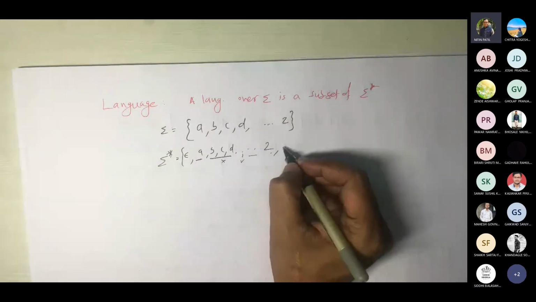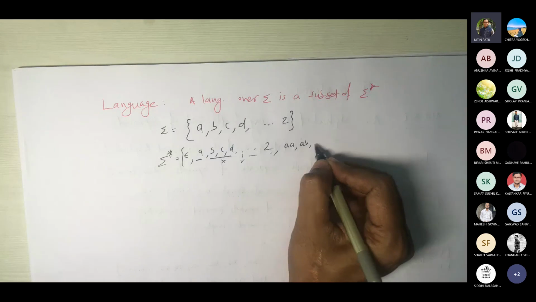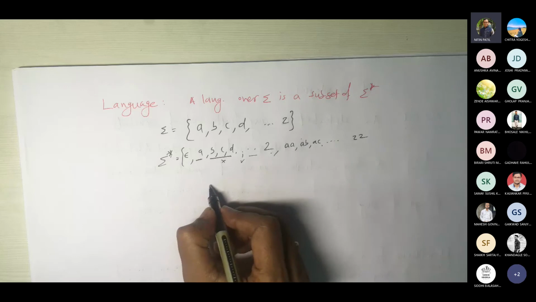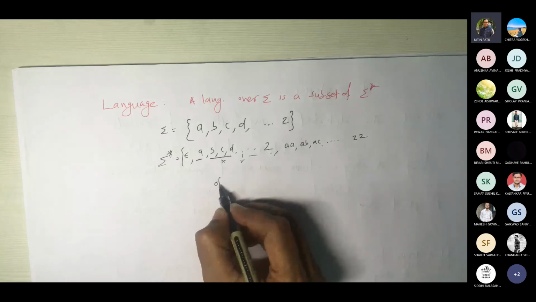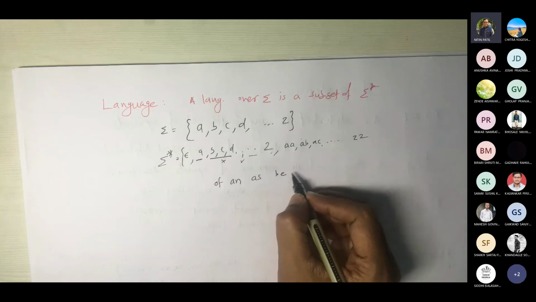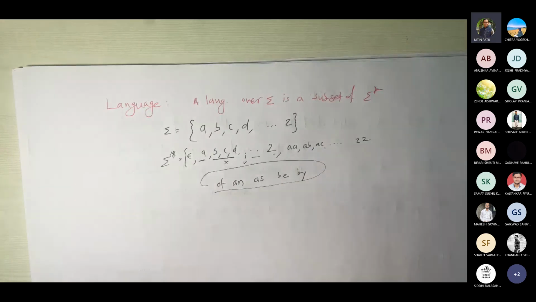Okay. What if I talk about length 2? Then you start like AA, AB, AC, and so on up to ZZ. So you will identify that of, and, as, be, by are few of them which are valid.